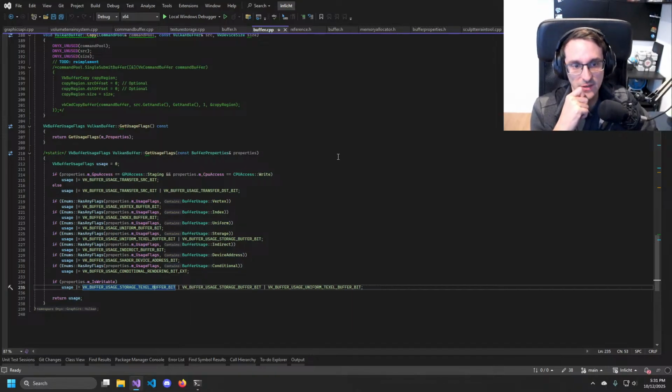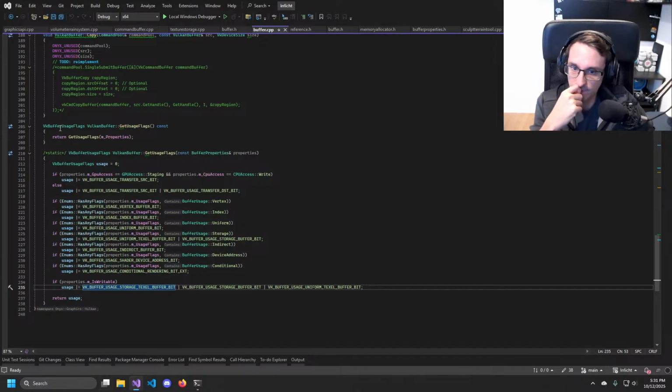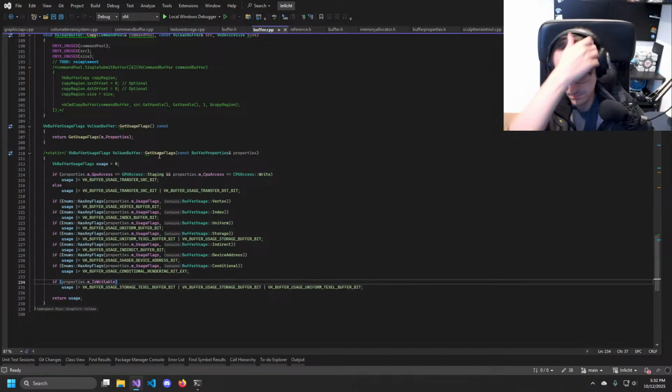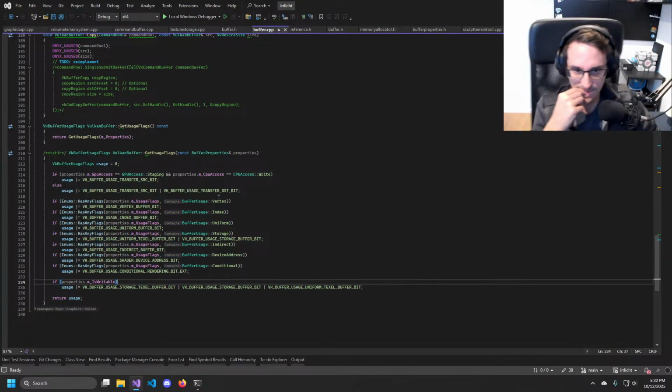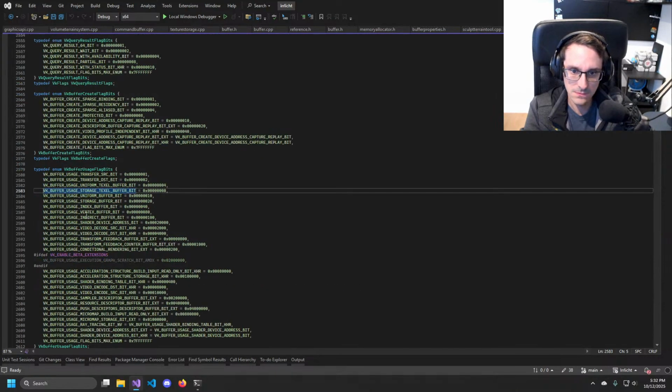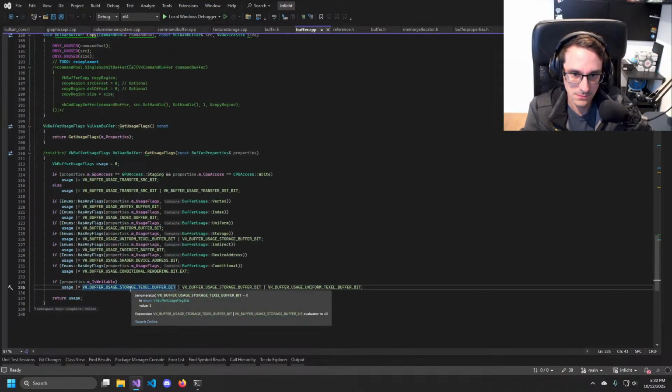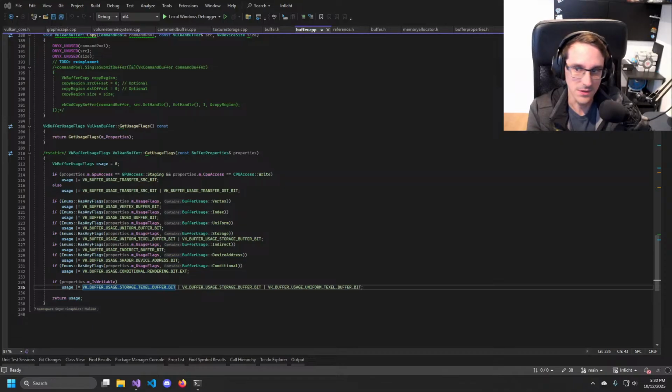I think the writable flag is actually garbage, not gonna lie. I think that should go away. What is that flag?